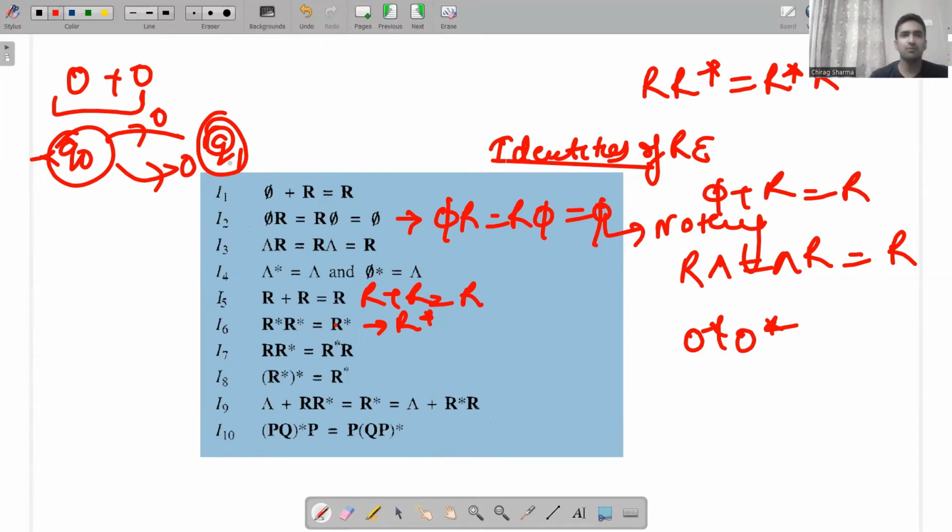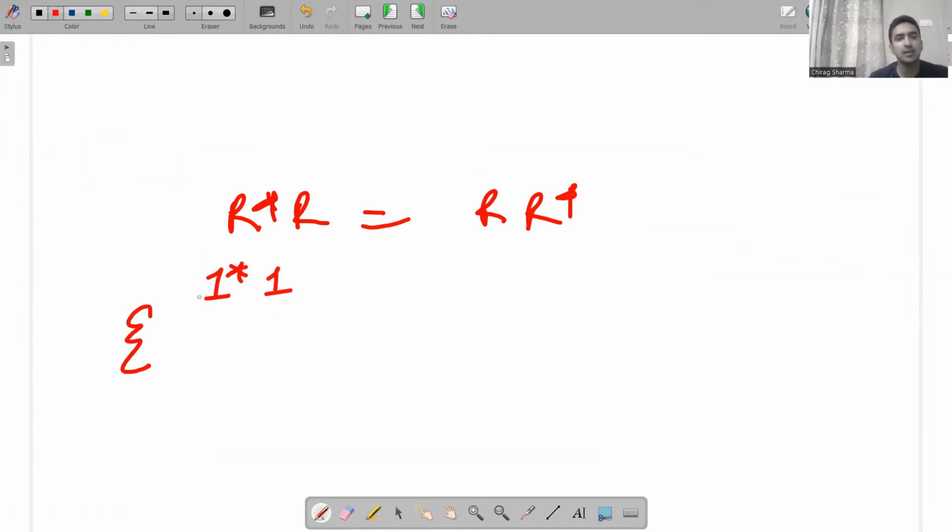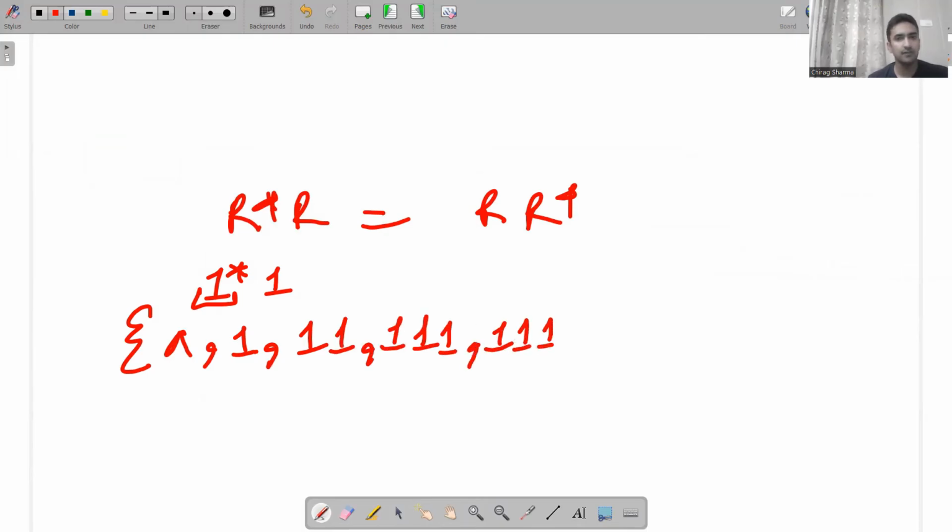This can be proven. For example, I'm writing r star r and I want to prove it equals r star. So I'm writing it as 1 star 1. What is 1 star? 1 star means any number of ones: null, single one, two ones, three ones, four ones, so many ones, and that is concatenated with 1.